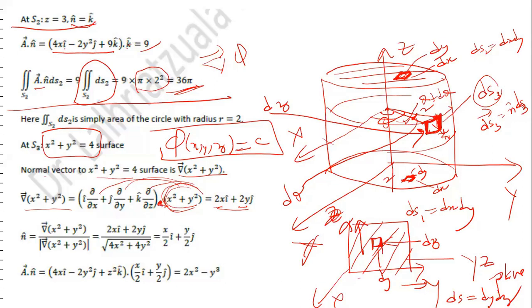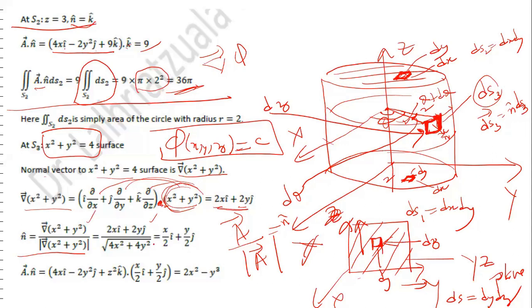So once you have a vector, in order to find a unit vector, like if you have any vector A here, what you have to do is simply divide that vector by the magnitude of that vector. Then you get a unit vector along the direction of A, right? This is how we get a unit vector. Just divide the vector by its magnitude. So in order to find the unit vector, divide the vector by its magnitude.